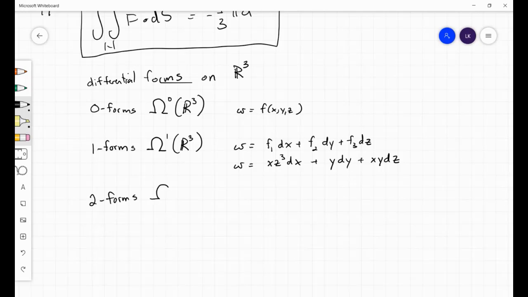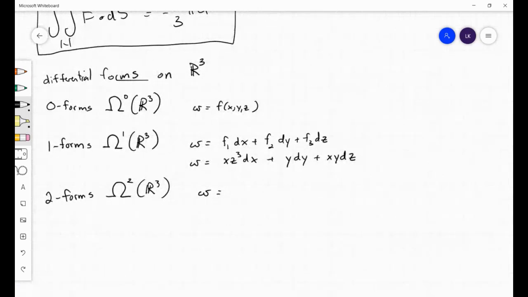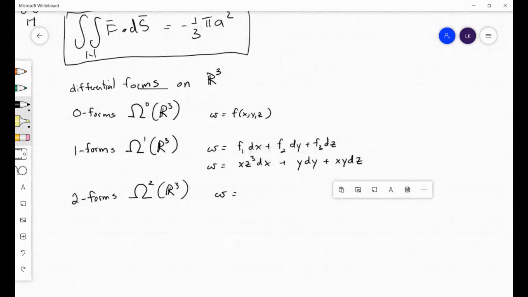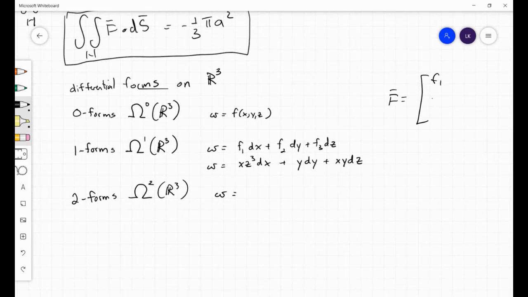So two forms. Where we would have, again, and by the way, if you have a vector field with three components, and somebody wants you to find a work integral, then what we do is we associate that vector field to a one form.